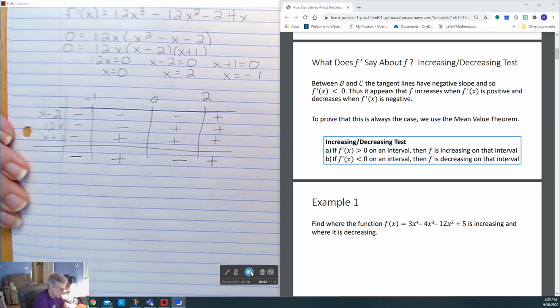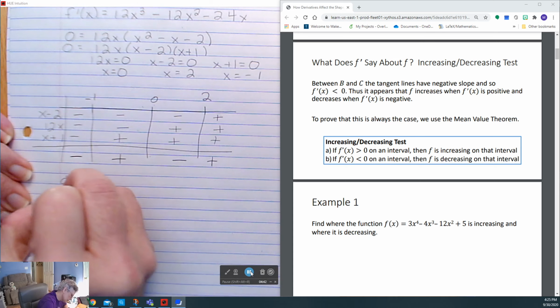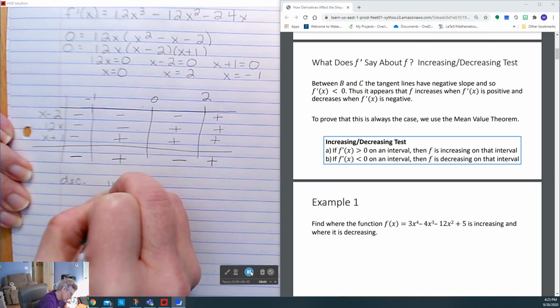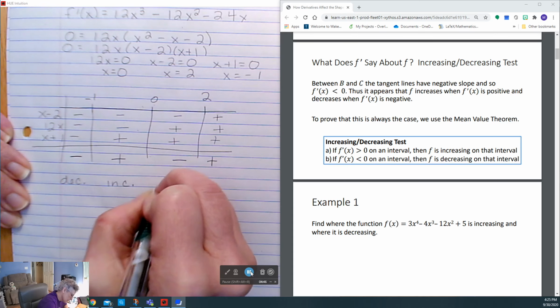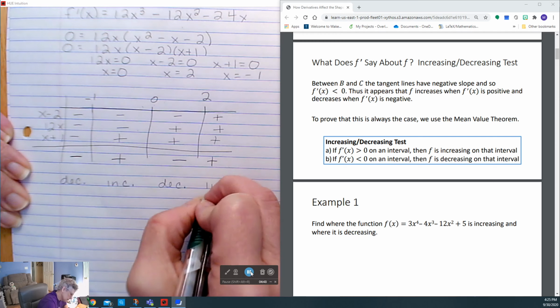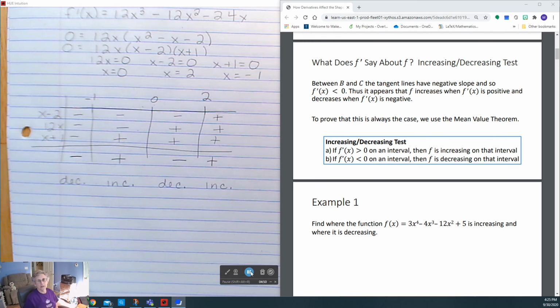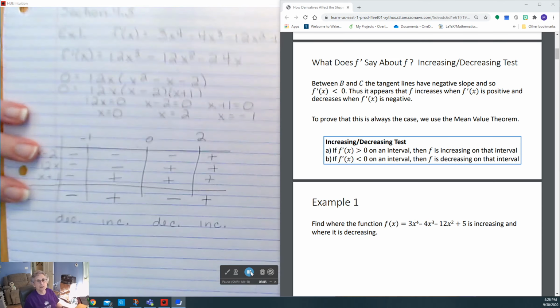So my function is going to be decreasing, increasing, decreasing, increasing. And that makes sense because we have a fourth degree polynomial with a positive leading coefficient.